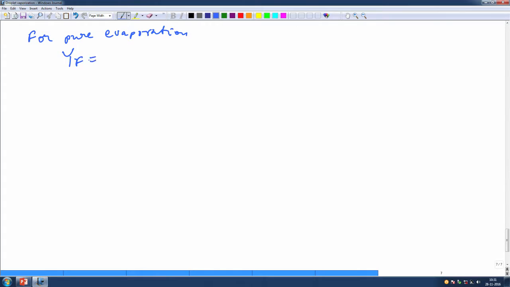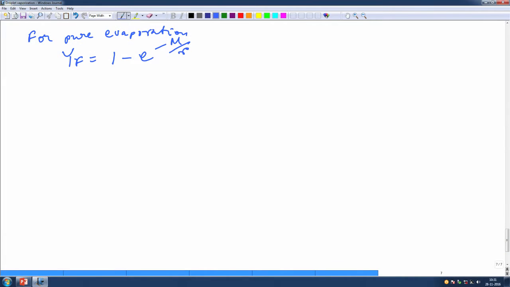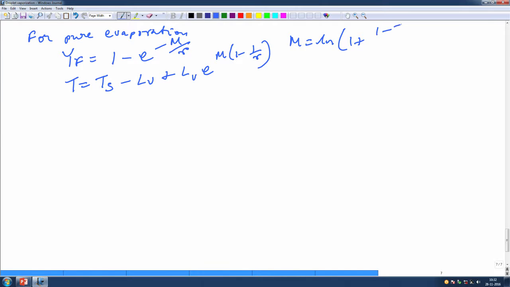Now, for pure evaporation, if you solve for Yf, it is basically 1 minus m by r. And T is equal to Ts minus Lv plus Lv, sorry, m is equal to ln of 1 plus (1 minus Ts) by Lv.